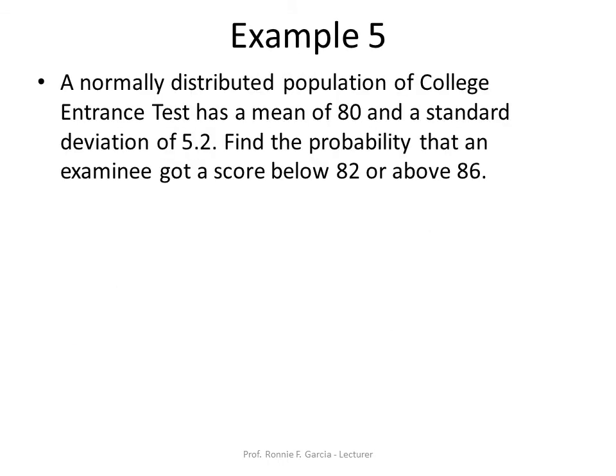Example number 5, a normally distributed population of college entrance examination is still having the mean of 80 and a standard deviation of 5.2. This time we're going to get a probability that an examinee got a score below 82 or above 86. So you are talking about the regions below 82 and above 86. So we have to get the areas of these two regions.